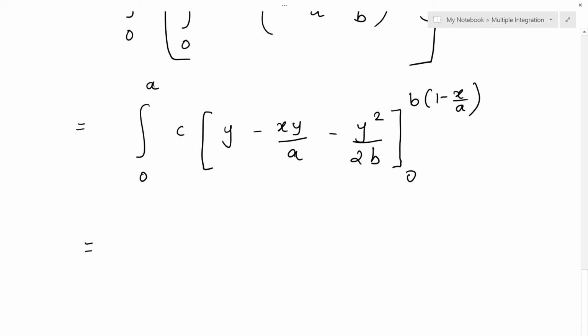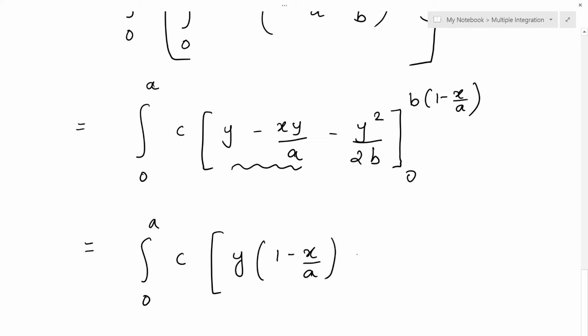So if I simplify, you can take these two terms together. So that will be y into 1 minus x/a minus y square upon 2b. The limits are 0 to b into 1 minus x/a.